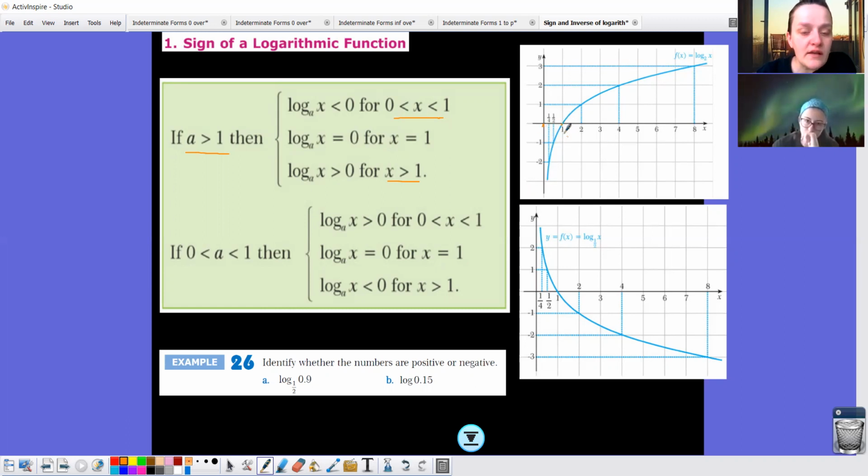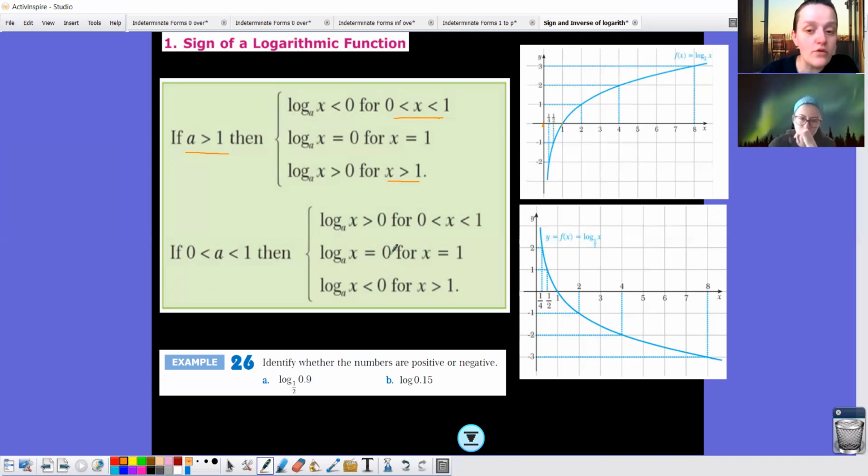When x gets bigger than 1, then your graph starts to get positive, okay? Did you understand? Yes, teacher. So according to this, your logarithm is less than 0 when x is between 0 and 1. Your logarithm is greater than 0 when x is greater than 1.